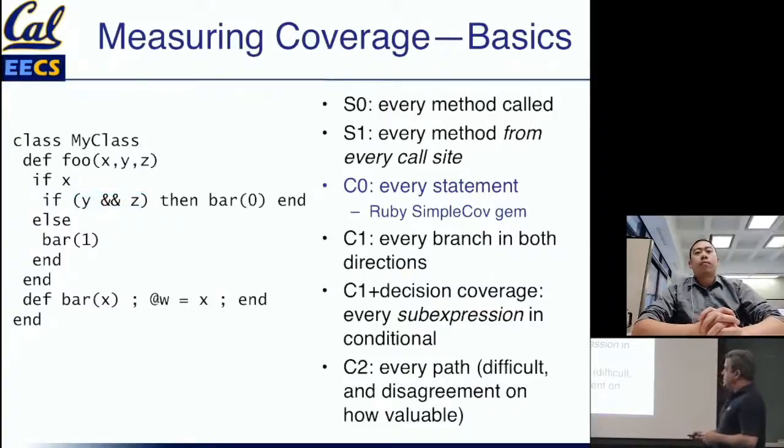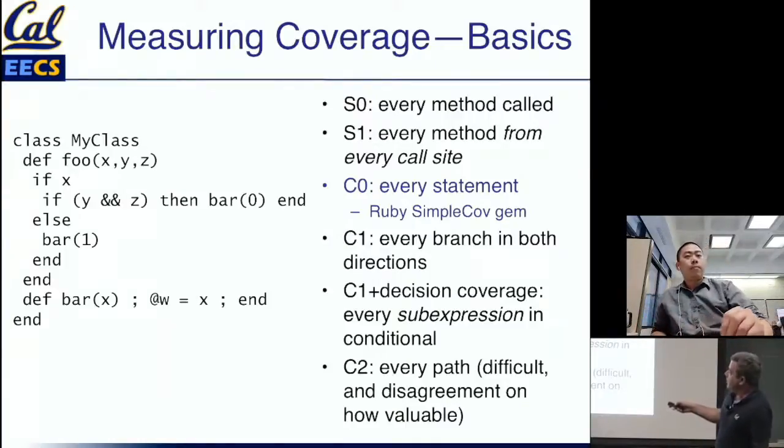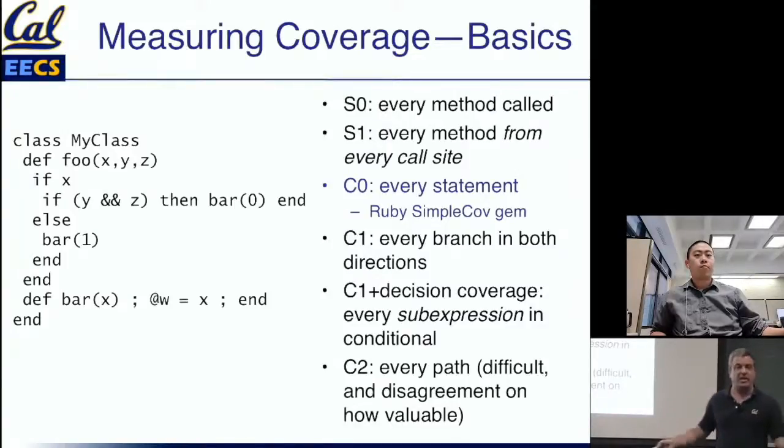And C2 is really hard. C2 is every code path possible. So starting from the entry into foo with particular values of x, y, and z, taking the path where this if is true and this if is true is a path. The path where this if is true but this one is false is a different path. The path where this one is false, and you get the idea, right?